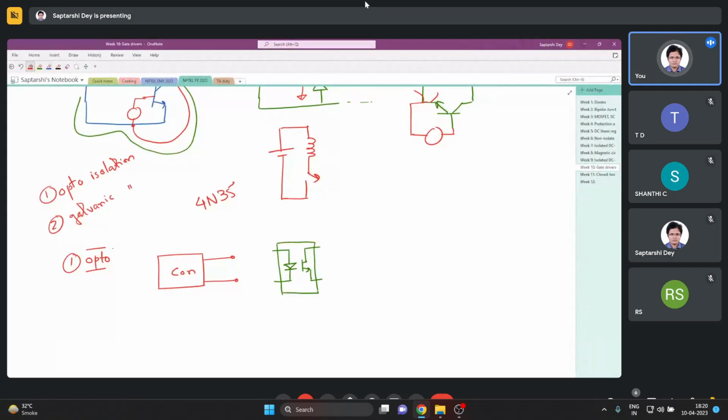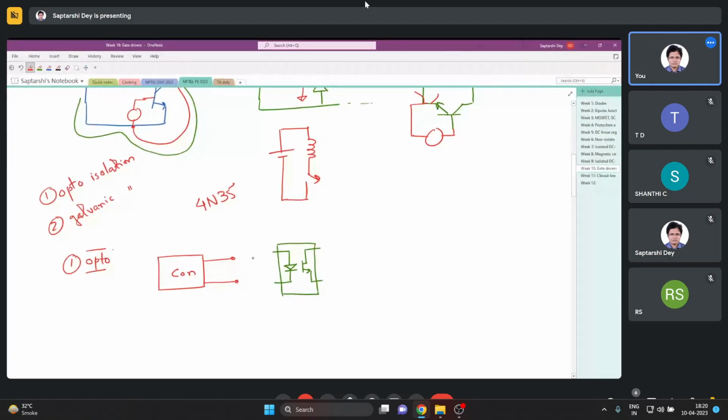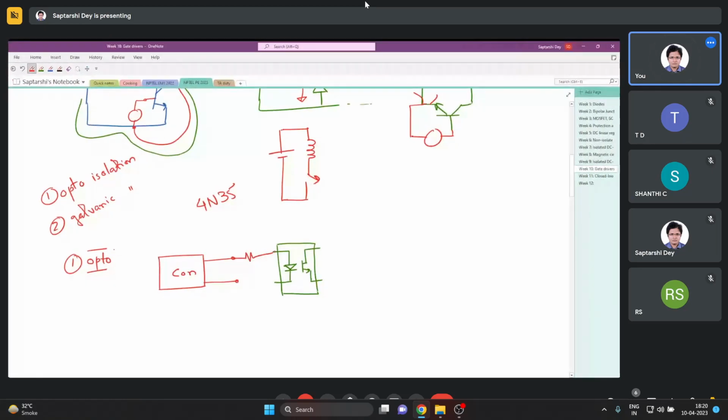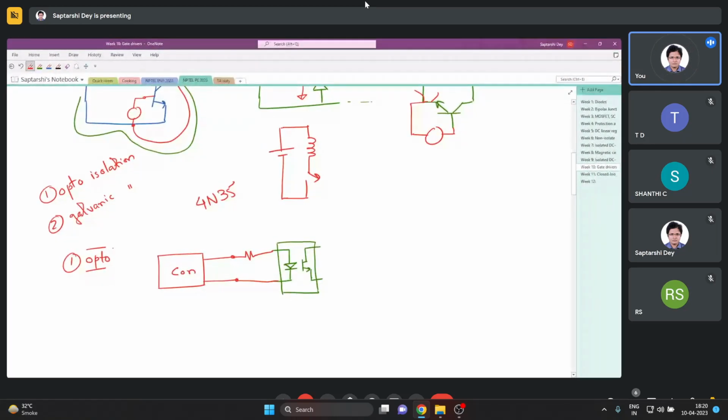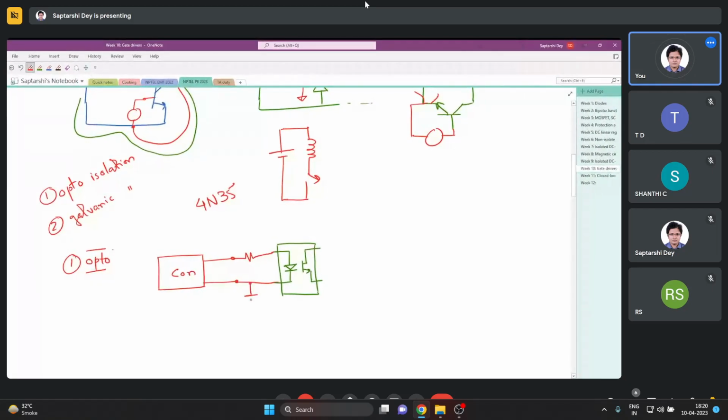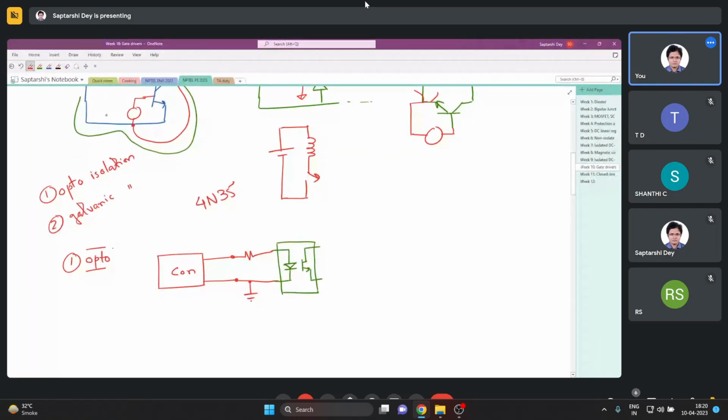Now what you have to do is connect a resistance like this. So this is the control ground, and the signal is getting transmitted through optical isolation in this fashion.